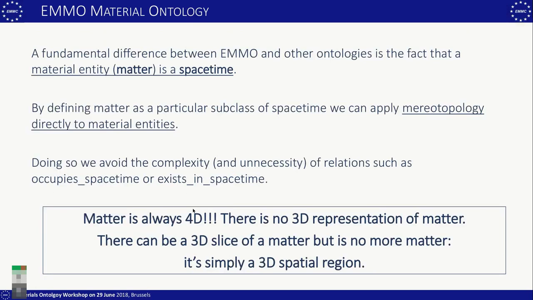So matter is always 4D. There is no 3D representation of matter. A 3D representation of matter is a geometry, it is not matter itself. There can be a 3D slice of matter, but it's no more matter.